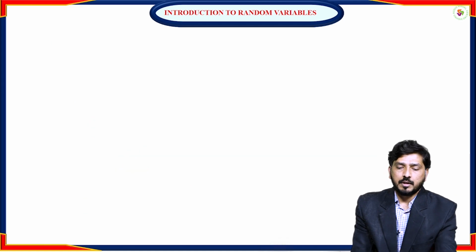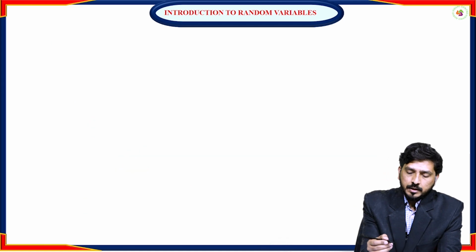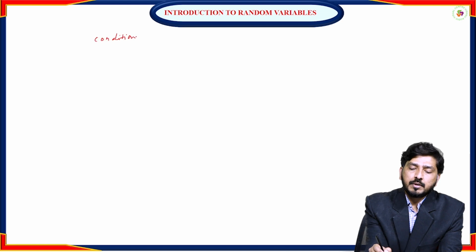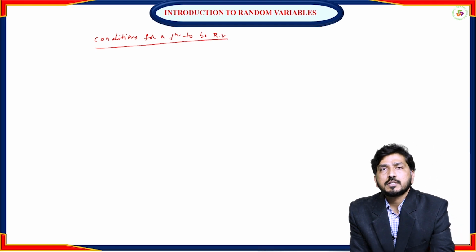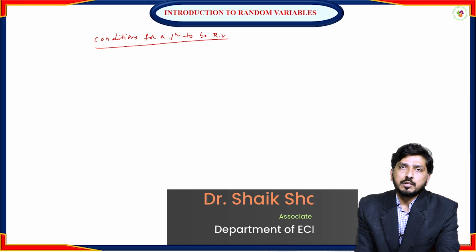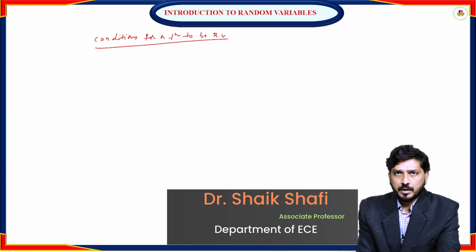Now we will see the conditions for a function to be a random variable. All functions need not be random variables. There are some constraints for a function to be a random variable.